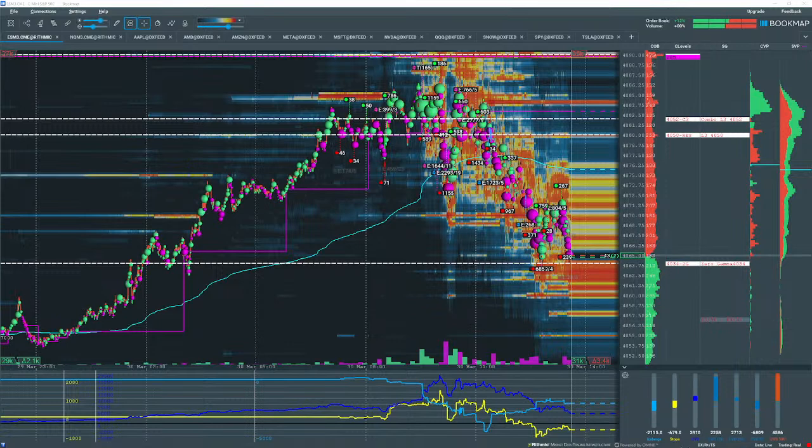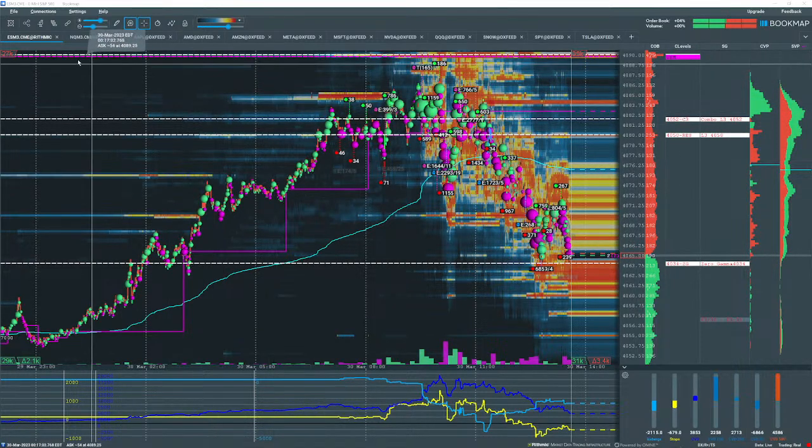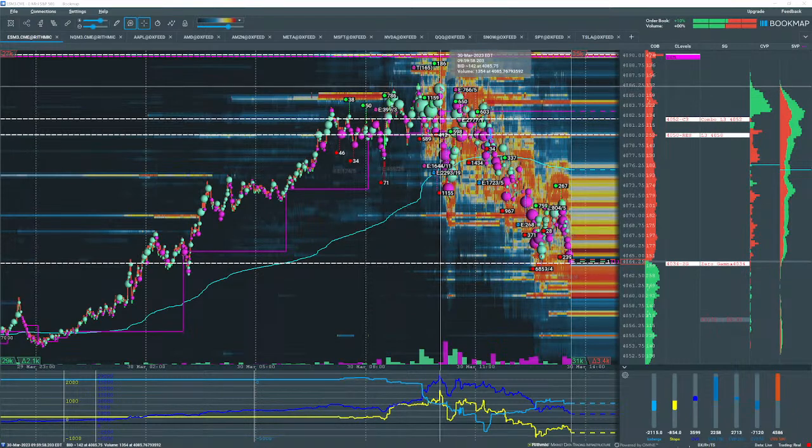Notice the beautiful uptrend up until the RTH open, just this nice steady mechanical uptrend, and then kind of a choppy downward moving session after that, starting around 10 a.m., something like that.